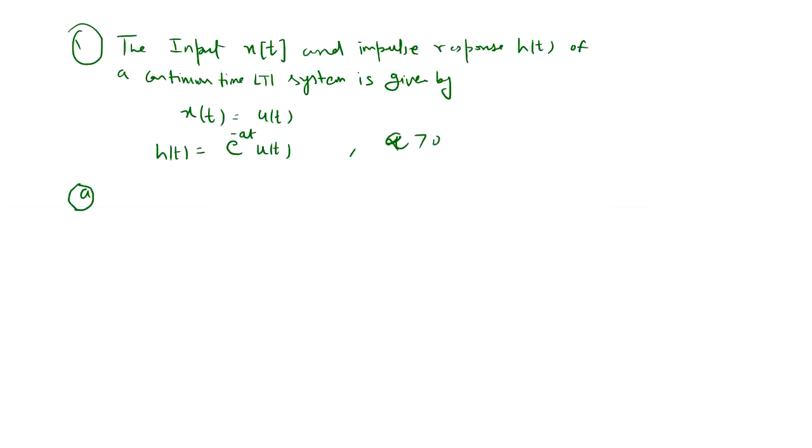The first part of the question: compute the output y(t) by the relation y(t) equals x(t) convolved with h(t).